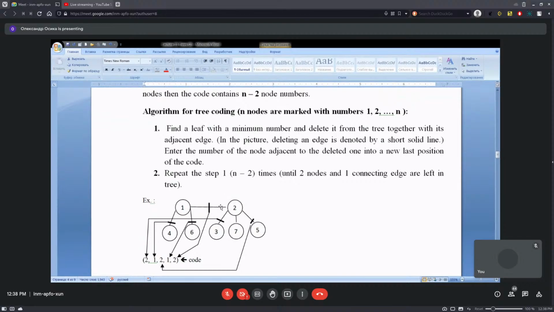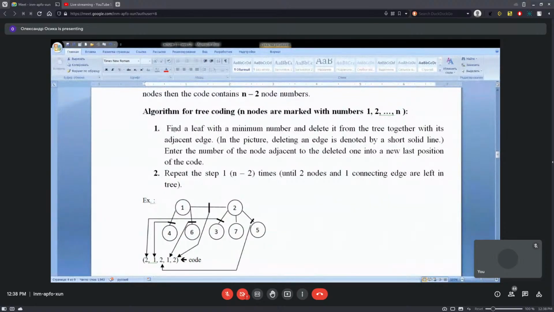And we'll use this tree to understand how we create such a code. Algorithm for tree coding: nodes are marked with numbers 1, 2, and so on to n. Here, 7 nodes, and numbers from 1 to 7.